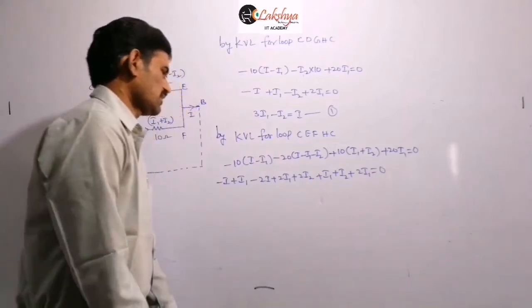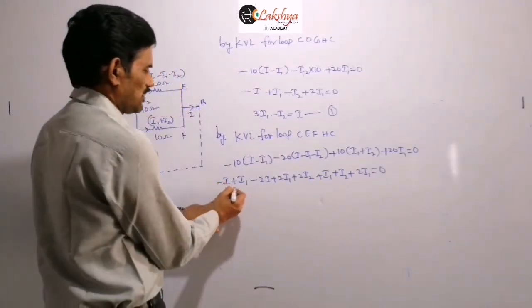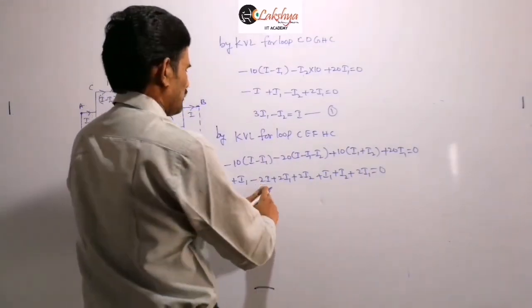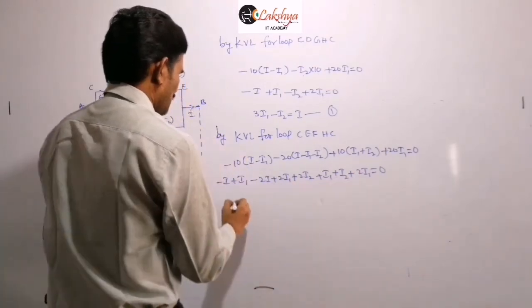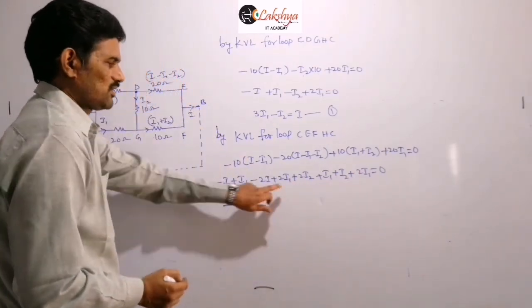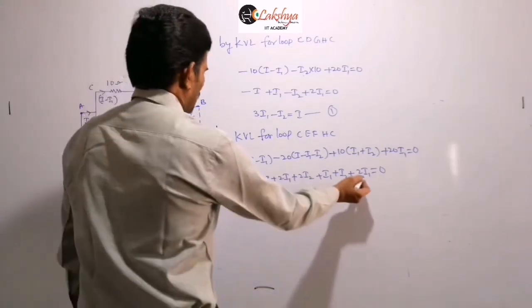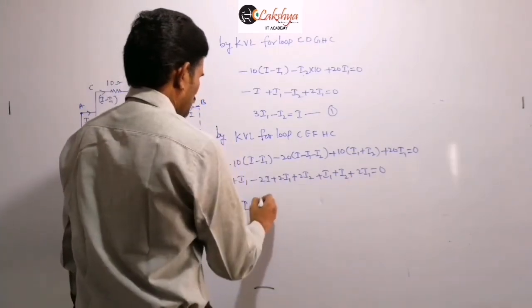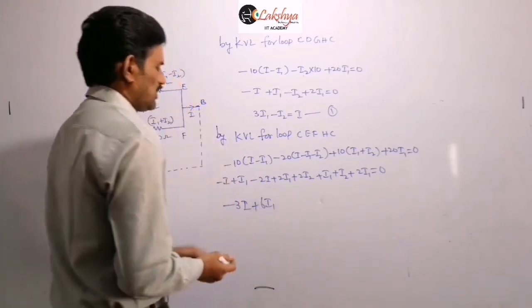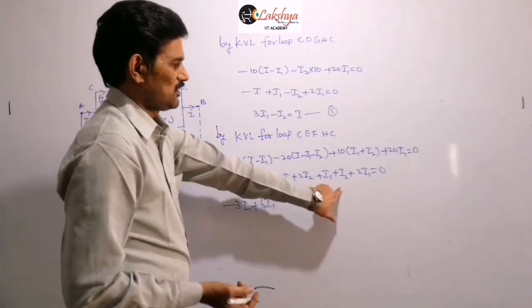So let us take the I terms here. So this is 1 I minus 3I. So that's it, minus 3I. And next I1, 2I1, 3I1, 4I1. And this is 6I1. So it is plus 6I1. Next I2 terms. So only here I2 is there, 3I2.